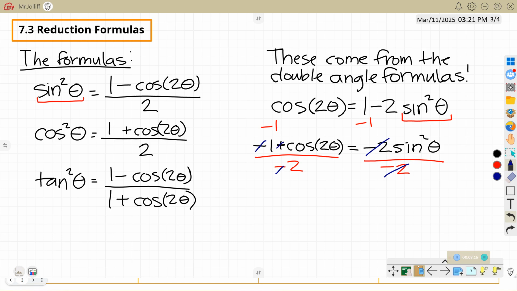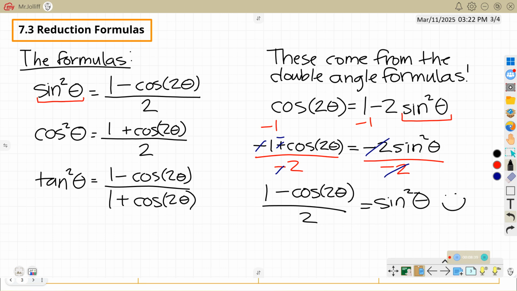This is going to change that to a negative. Dividing by a negative flips the sign on everything, which leaves me with a positive 1 minus cosine 2 theta all over 2, which is exactly what we wanted to show. Yay!